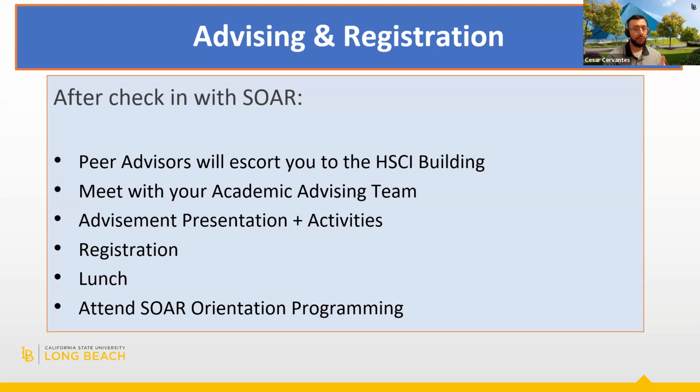So myself, Dennis, Dahlia, as well as the other advisors will be there to support you and go through an advising presentation, which will give you a ton of information on key policies and things that you should know for your first semester, as well as go into a little bit of fun activities to build that community and that connection with not just the advising team, but also the students that you'll be taking classes with. After that, we'll jump into registering for your classes, and then you'll be fully registered for your classes, ideally by the end of our morning session.